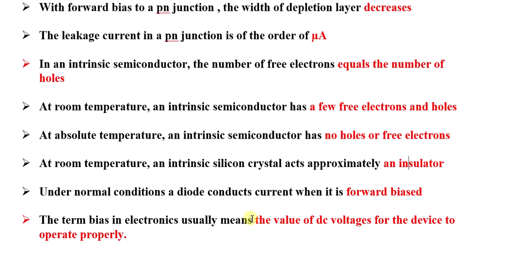We apply DC voltages to the device in order to operate it properly, because without applying DC voltage, we cannot operate a device like a diode. Hence the term bias in electronics usually means the value of DC voltages for the device to operate properly.